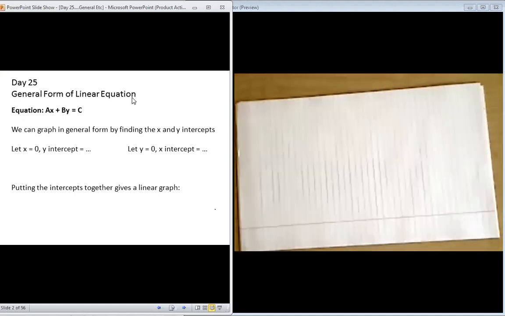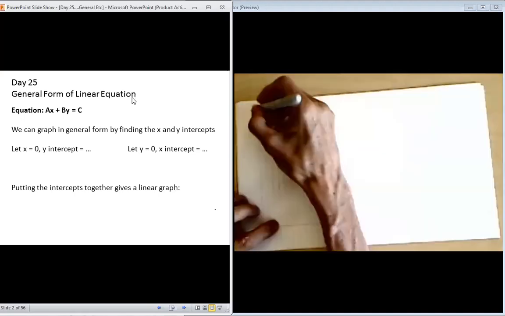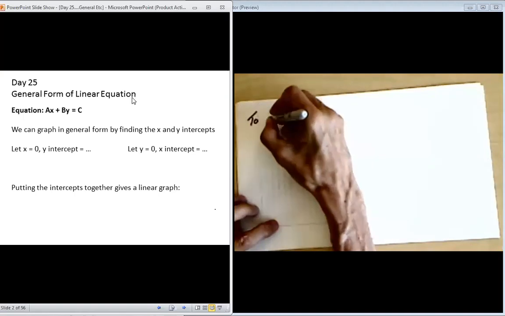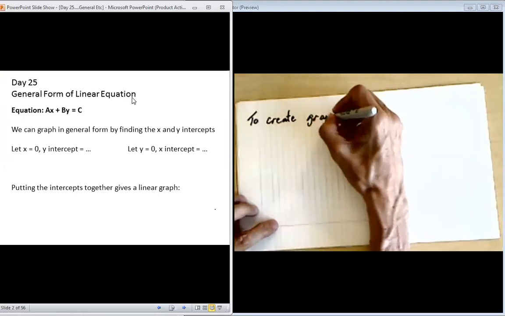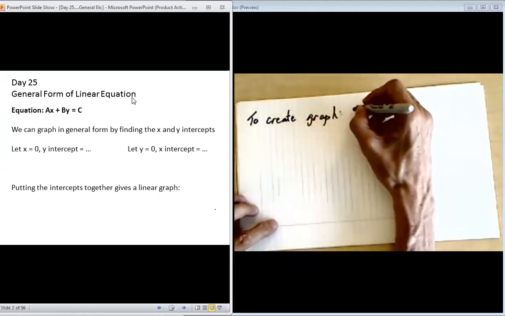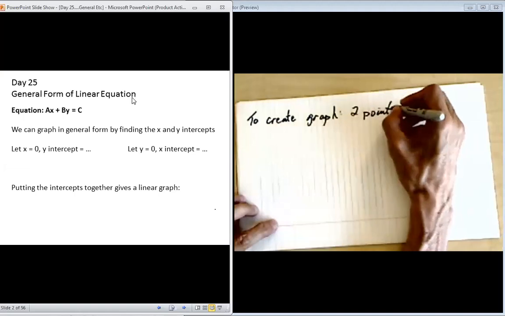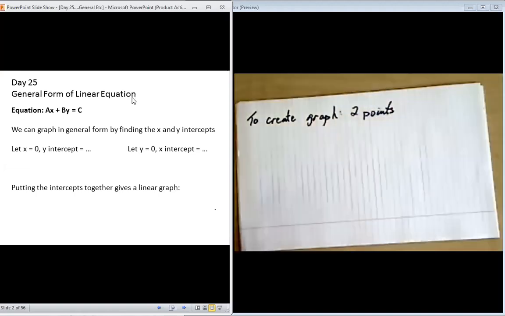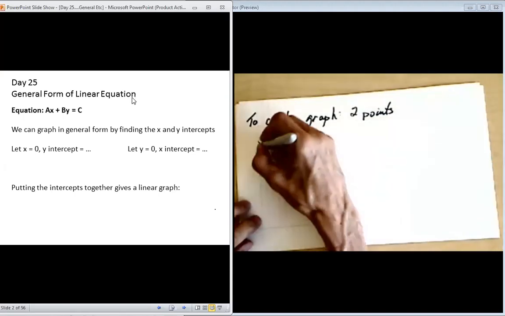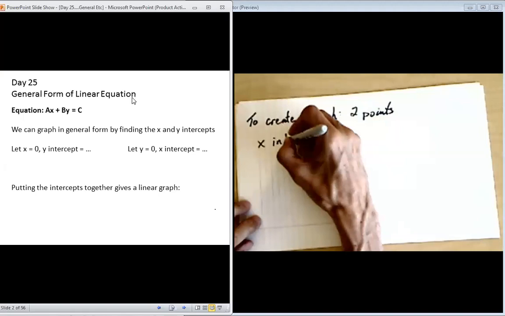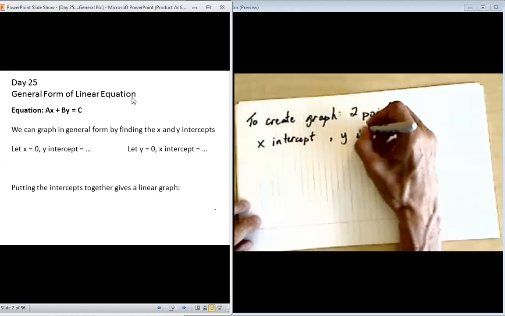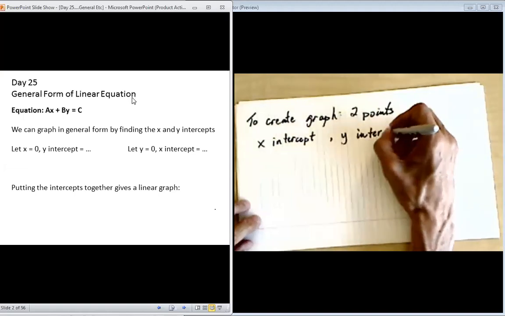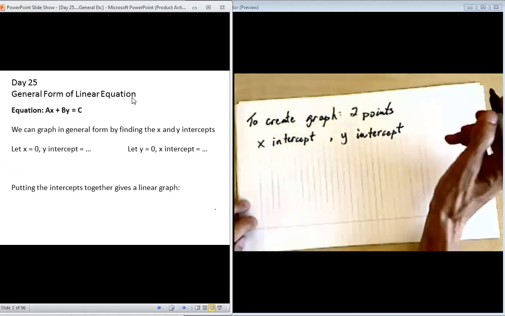So to create a graph, I'll write that down. You need 2 points. From this style of equation, 2 useful points are the x-intercept and the y-intercept. Intercept, it's kind of like crossing.